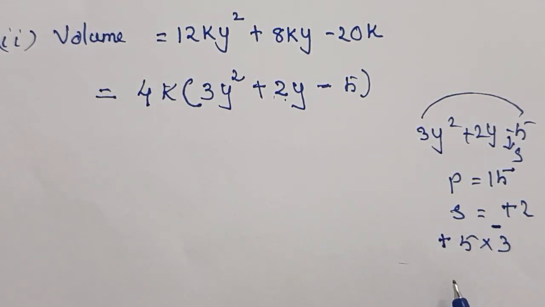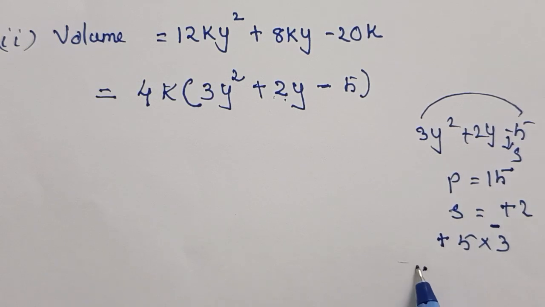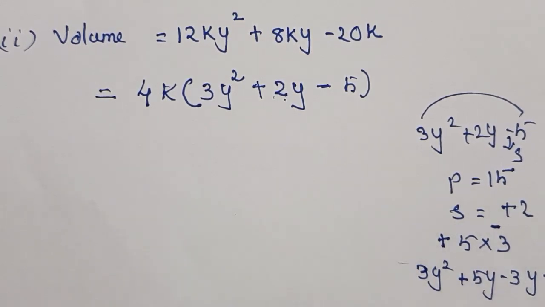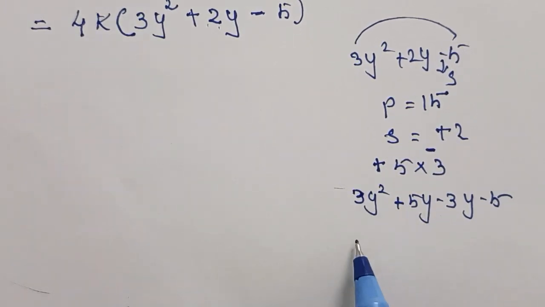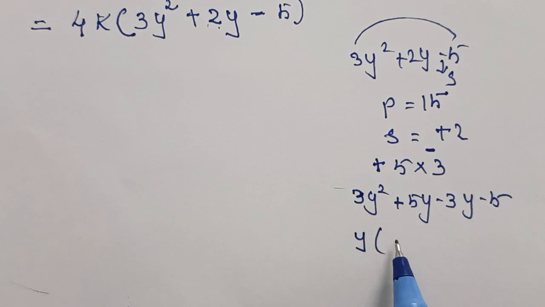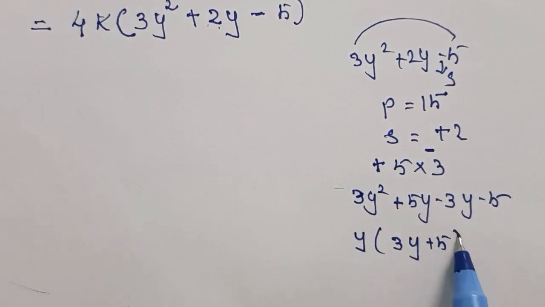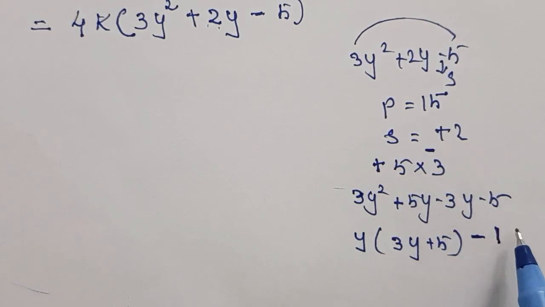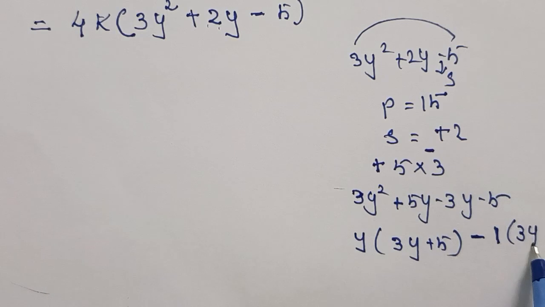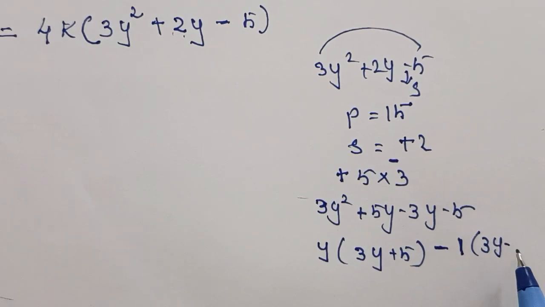Factorizing, we get 3y square is same, plus 5y minus 3y minus 5. By taking common factor from the first two, we can take y as common. This will become 3y plus 5. Here we can take minus. There is no common factor. Take 1 outside. Then it will become 3y plus 5.